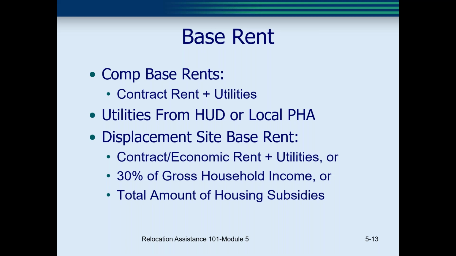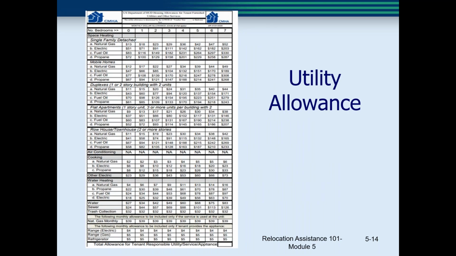So the average monthly utilities can be found for most metropolitan areas and counties from the HUD or the local public housing authority. They list the average monthly utility costs for heating, electric, water, and sewer. So you have a handout from today of a utility worksheet from the Cincinnati Metropolitan Housing Authority.